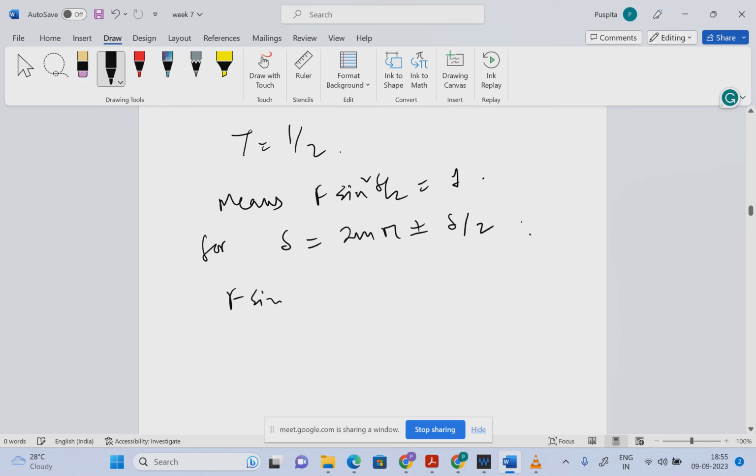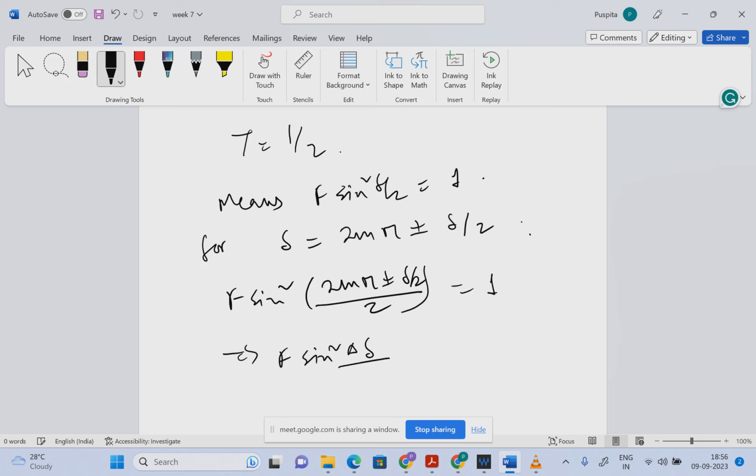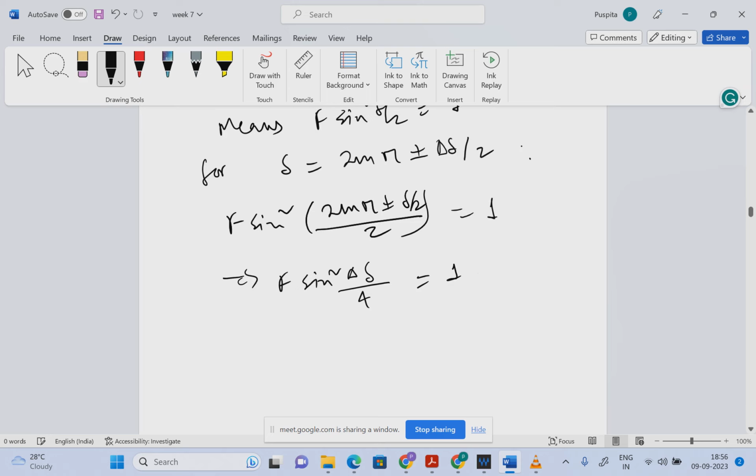When we put that, it becomes F sin square delta by 4 equal to 1. This quantity delta is the FWHM.